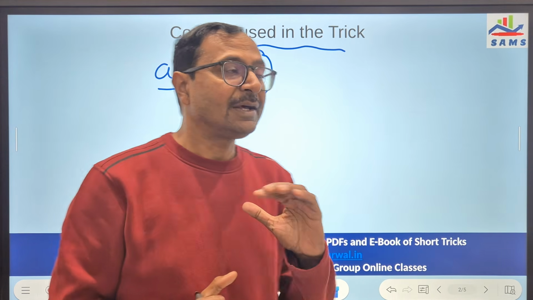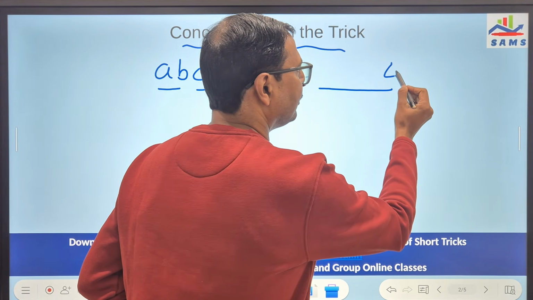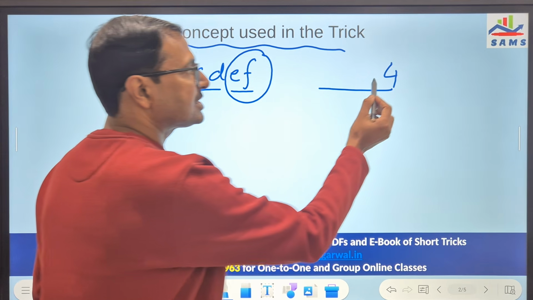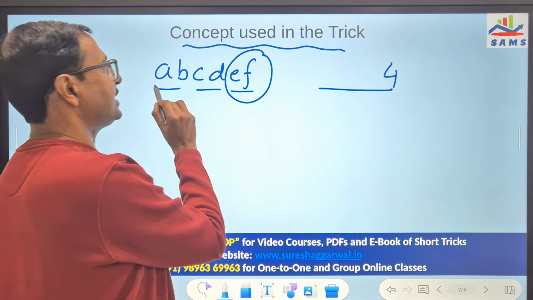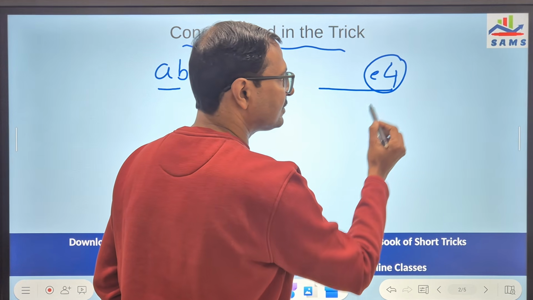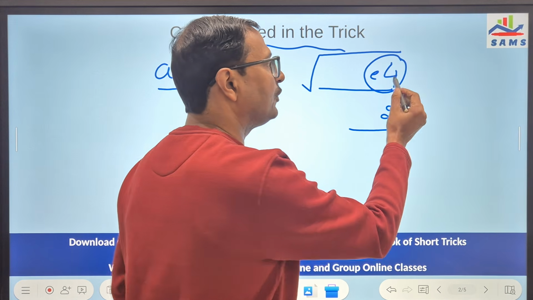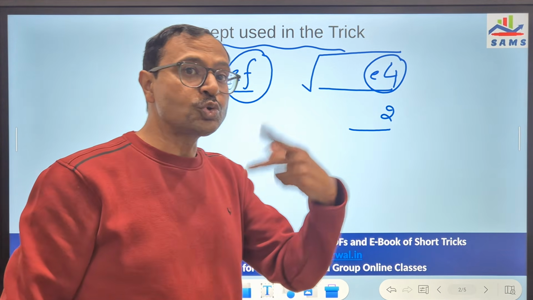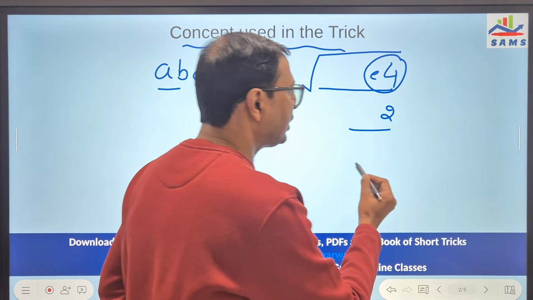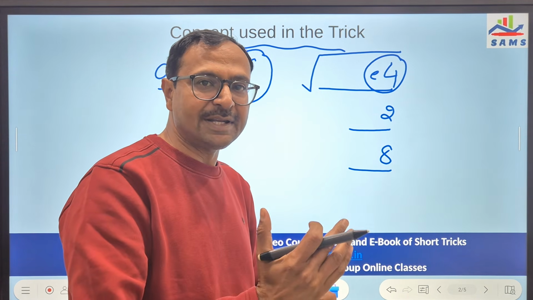But in case the digit is something else, like if the last pair is 4, this will tell you that the unit digit of your answer for this square root will be either 2, because 2 square ends in 4, or 8, because 8 square is 64, which again ends in 4.